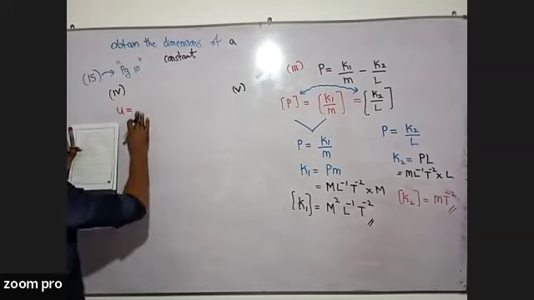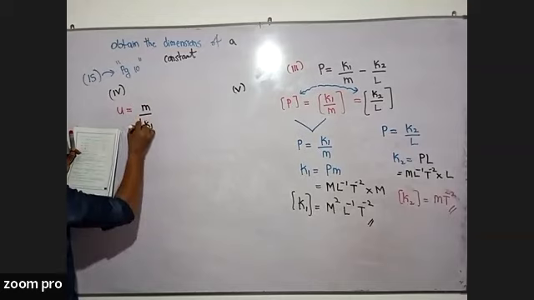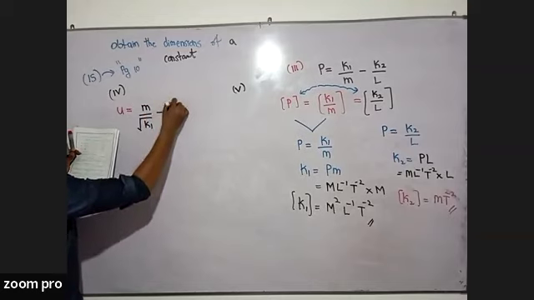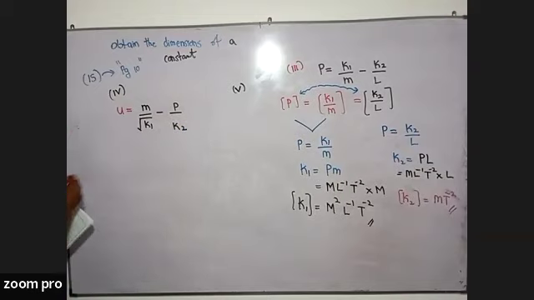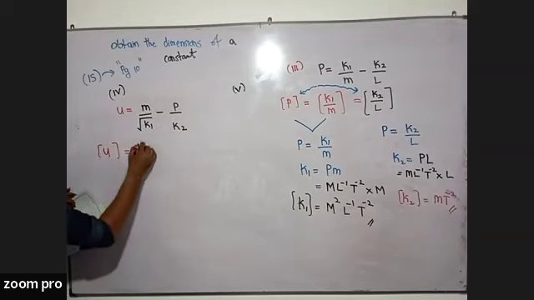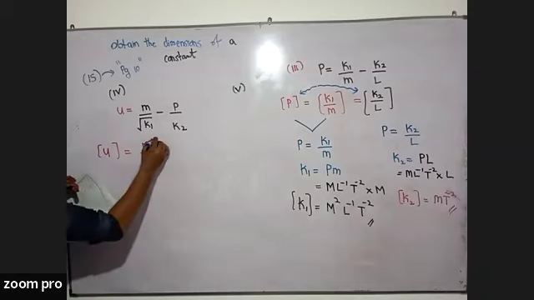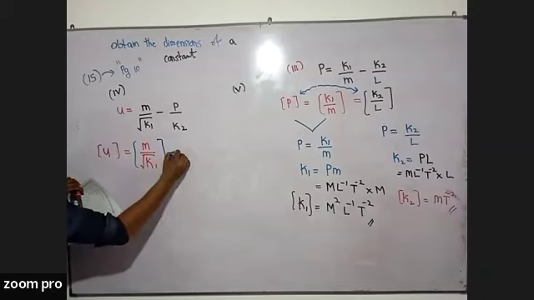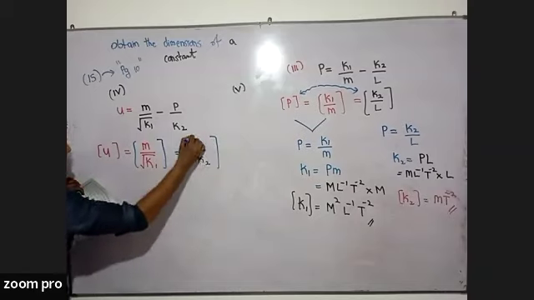So in the fifth question, you have been given that U equals M over root K1 minus P over K2, right? So according to theory, we know that this equation consists of three terms. Then if the equation is correct, the dimensions of U should be equal to the dimensions of M over root K1, and it is also equal to the dimensions of P over K2.